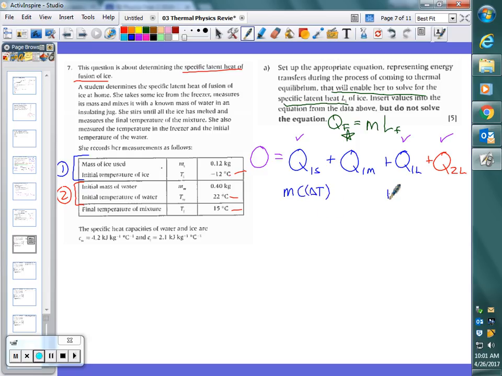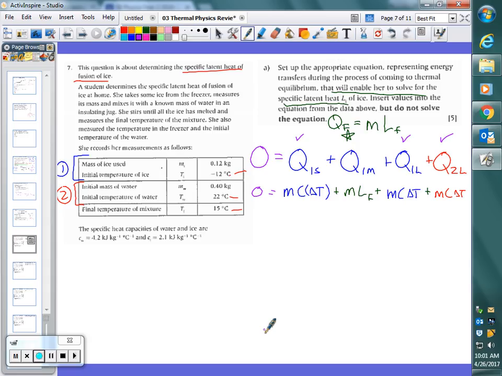All right. Insert values into the equation from the data above, but do not solve the equation. For all the purple check marks, it's MC delta T. For this, it's going to be M times the latent heat of fusion. At the end of the day, everything's got to be 0. So now we start plugging in things we know, right? There are 4 M's in this equation.